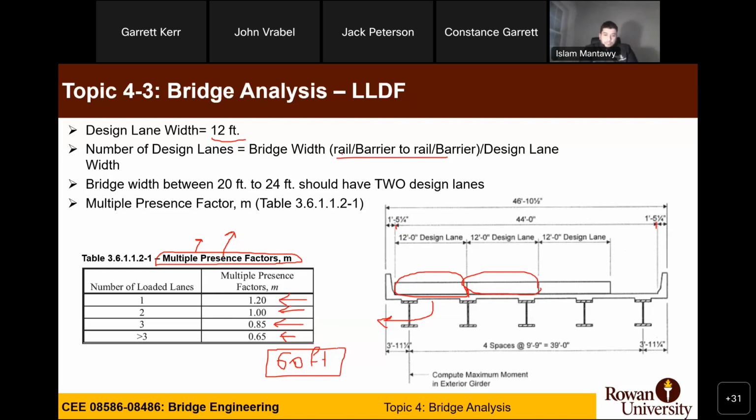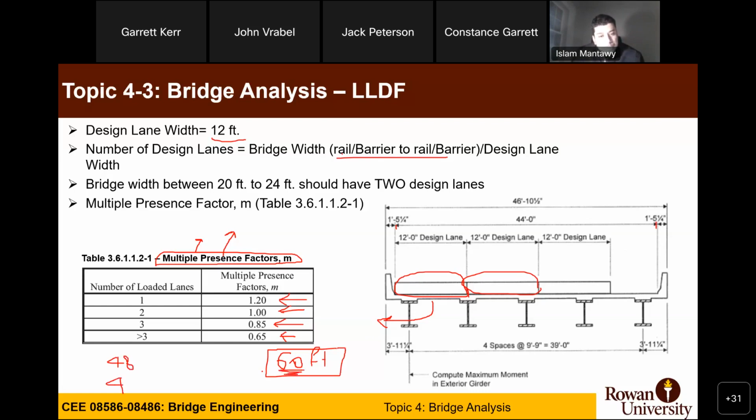Do you make it 4 design lanes, loaded lanes? Or 4 lanes will give you how much width? 48? Okay, 48. How about 60? 60 will give you what?